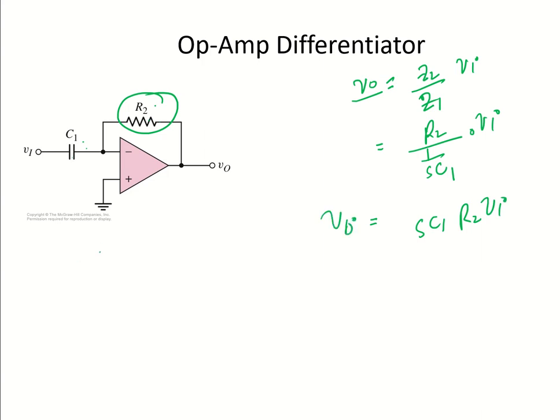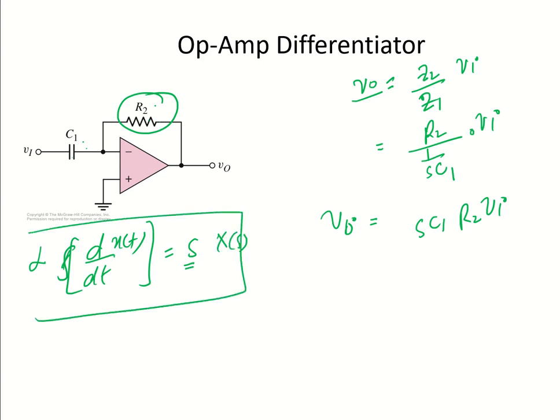If you remember the differentiation property, if you have a signal and you take the differentiation of that and then take its Laplace transform, in the frequency domain it is multiplied with s, with the X of s. This is the Laplace property.